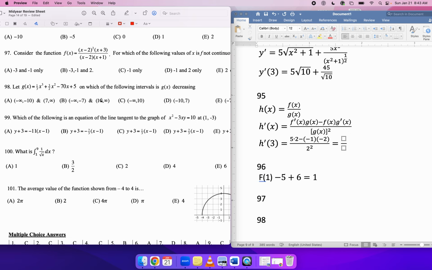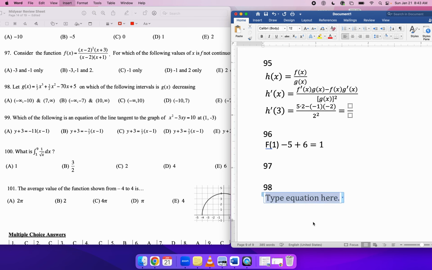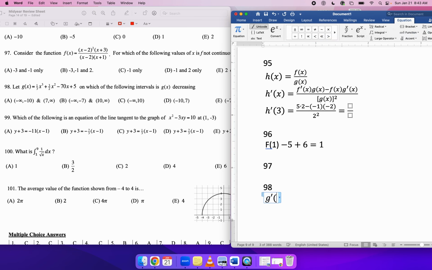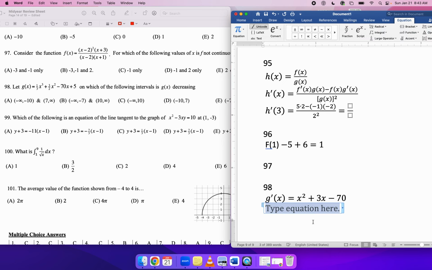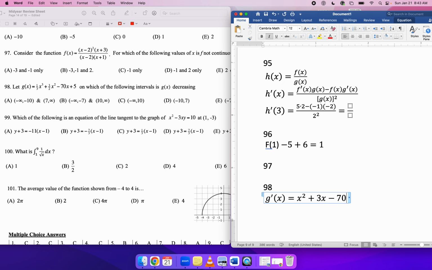Anyway, 98, you've got this function. Where is it decreasing? That just means where is the derivative negative? So take the derivative, do a sign analysis. That looks like x squared plus 3x minus 70. So I need to factor this, set it equal to 0 and solve.